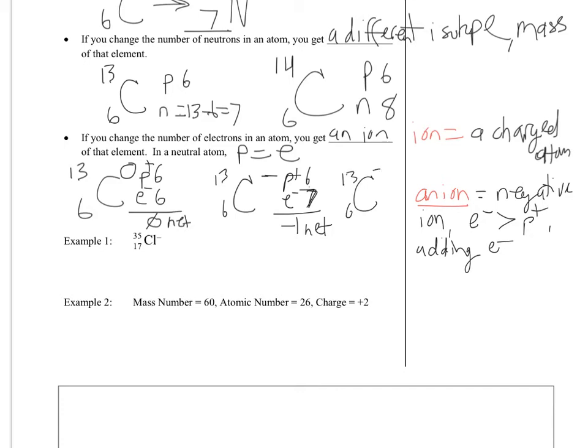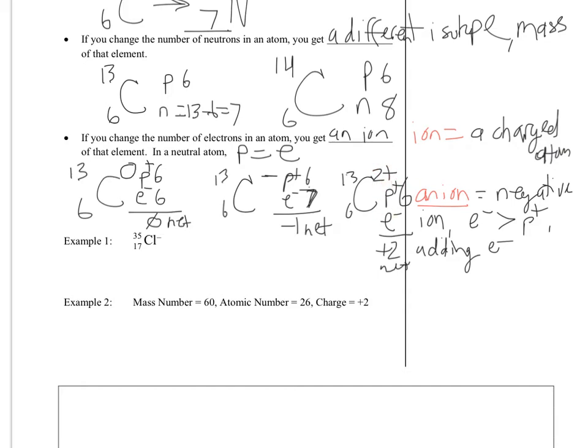And let's say I had a 2+ charge on it, okay? And of course I have the same number of protons. I have 6 protons, but my overall charge now is +2. That's my net charge, okay? So I cannot change the number of protons. I can't say I'm going to add 2 more protons, and that's going to be my +2.